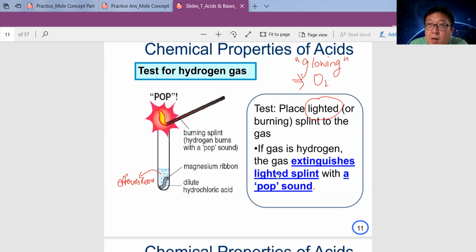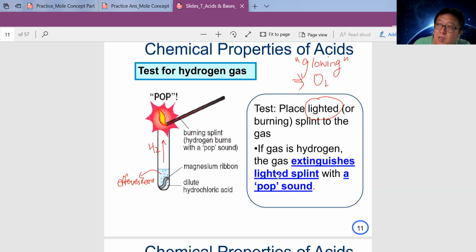So you must remember the word effervescence. I don't know why a lot of students like to tell me effervescence causes the pop sound. That is not the effervescence that causes the pop sound. Can you see? Effervescence is to describe bubbles in the water. It's the hydrogen gas coming out here that causes the pop sound.